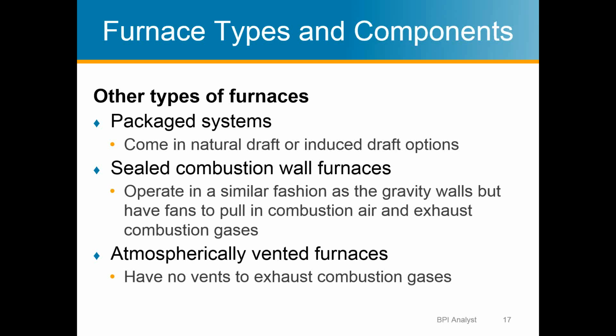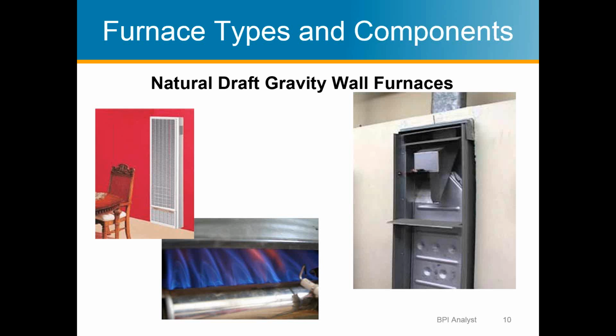Yeah, and I think there's a corollary to that question, which is about how the venting is set up. If the venting is working fine, the natural draft furnace should be working fine too. So the dwelling unit in California, part of the reason these wall furnaces are so prevalent is that our buildings are relatively drafty and designed to be that way, to avoid moisture, but also because of the mild climate.